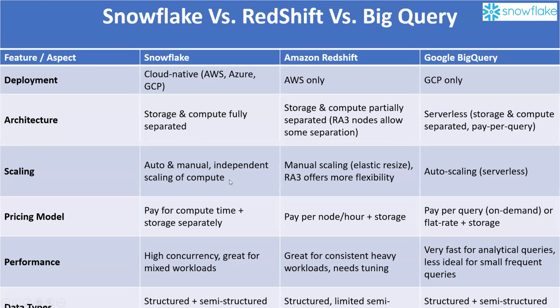And scaling, like auto scale, scale up, scale down, you can do in a very easy way in Snowflake. You just have to click and increase the size of your virtual warehouse, virtual machine. It will increase the size on the fly. You need not hold your query or get downtime from your customer. It is very easy. And for the pricing model, you pay for compute time and storage separately.